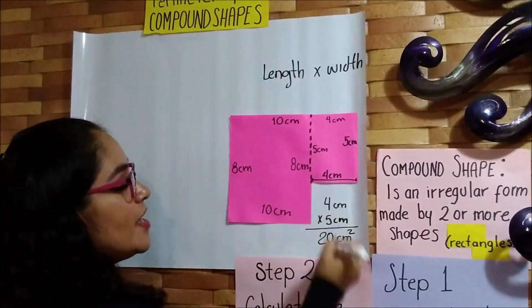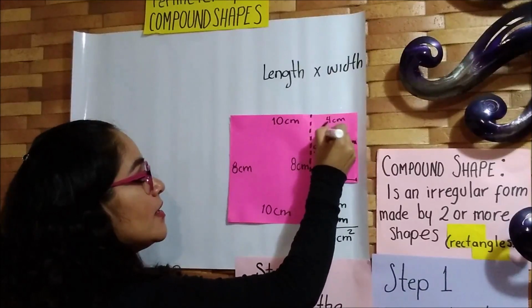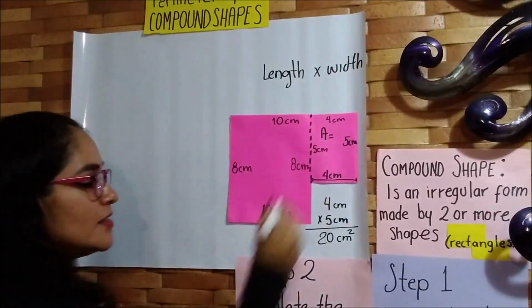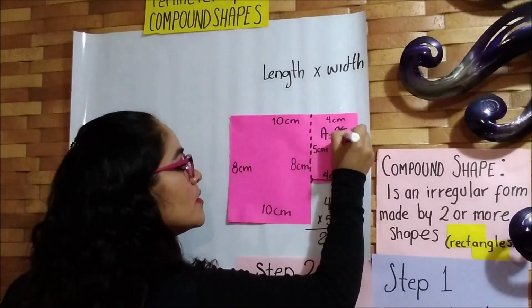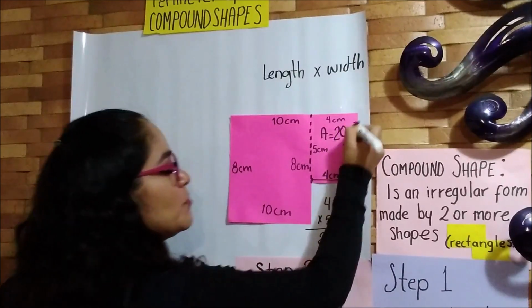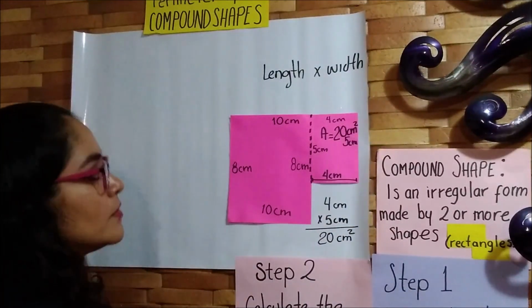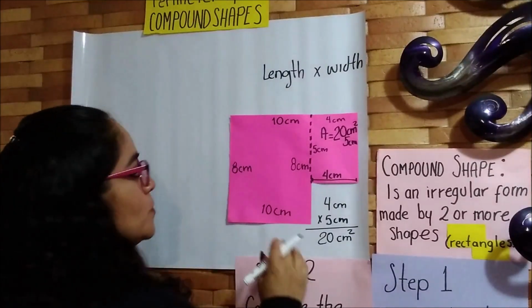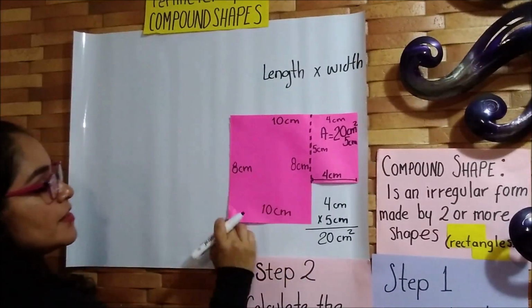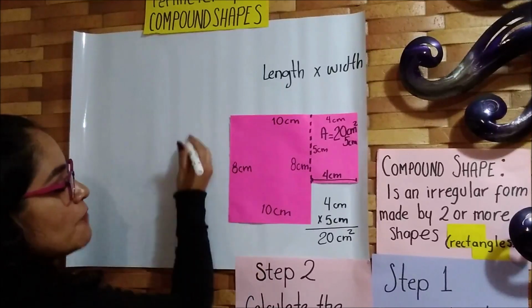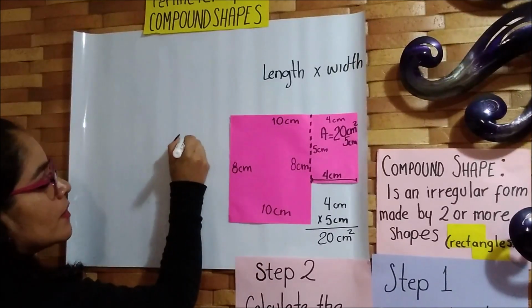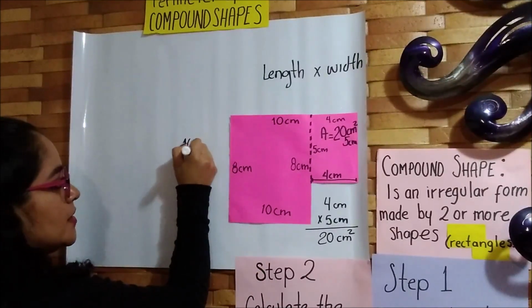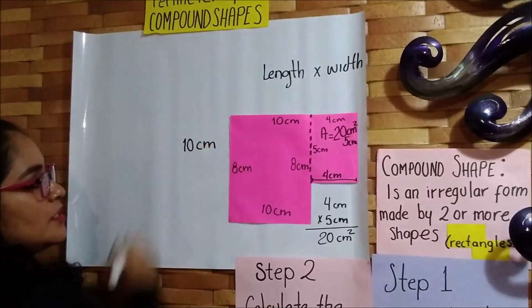So the area is 20 centimeters square. Let's calculate the area of the shape 2. We have the measurement of the length 10 centimeters.